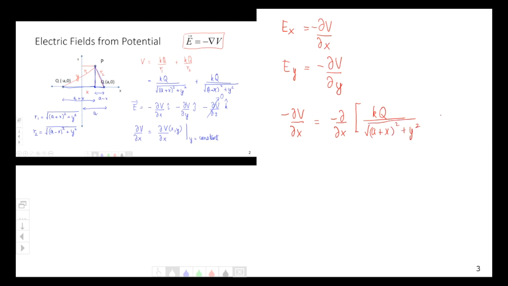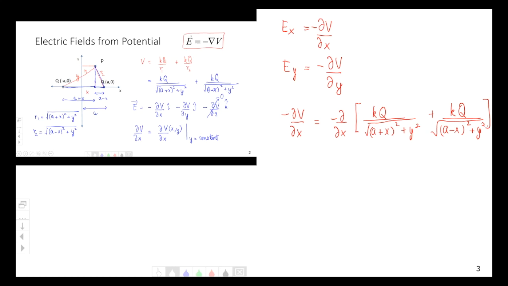This is due to the charge on the left, and this is due to the charge on the right. When we take the partial derivative of both these terms, you see that the function of x is under the radical in the denominator of both expressions. So it's really taking the partial derivative of a plus x squared plus y squared to the negative 1/2.